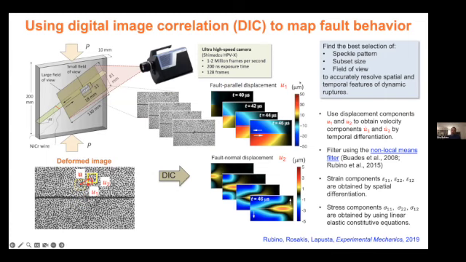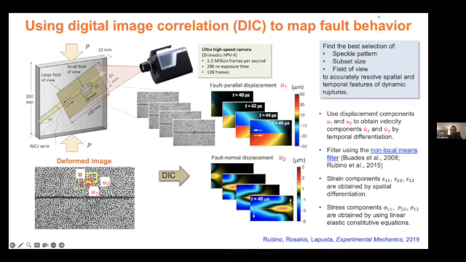So as you can see in the top images, we have a displacement of the fault in the direction parallel to the interface as expected, but at the same time the fault also moves first upward, as shown by this red blob here, and then downward.